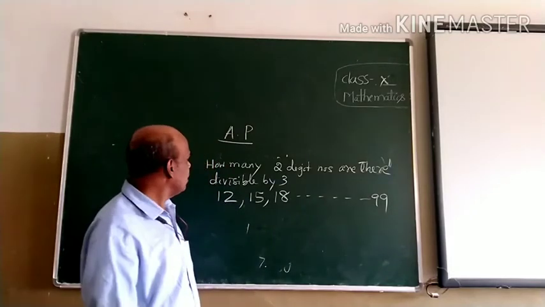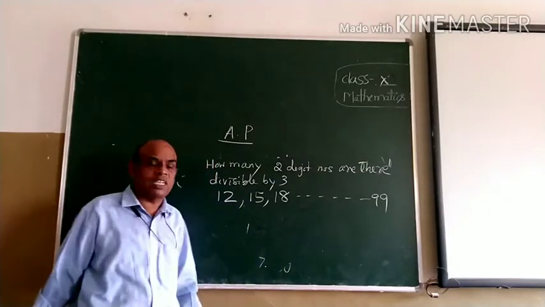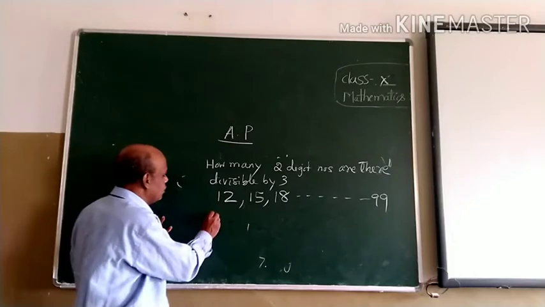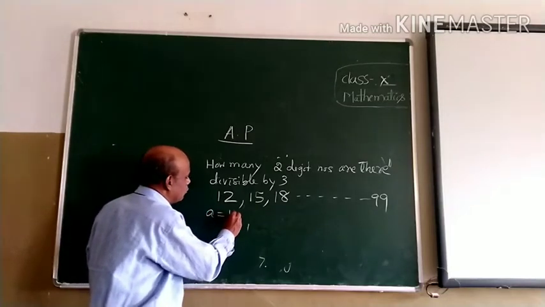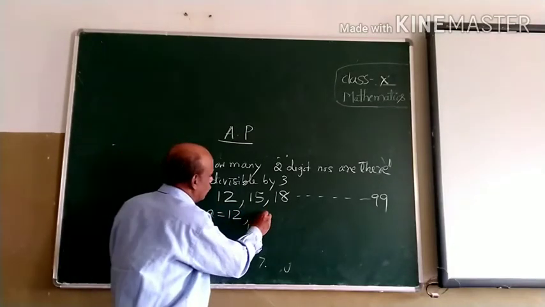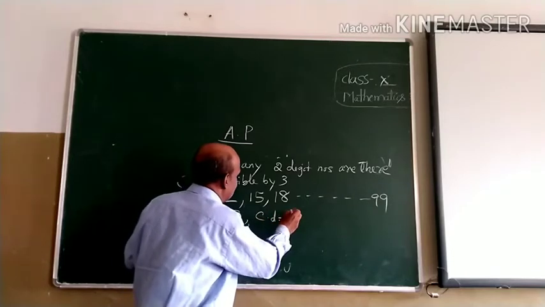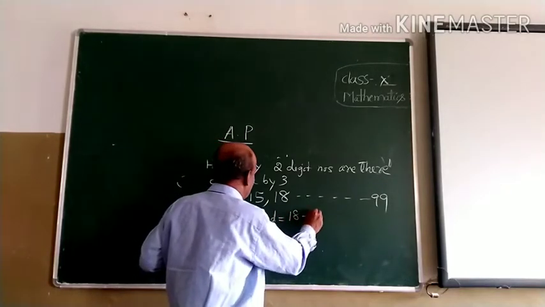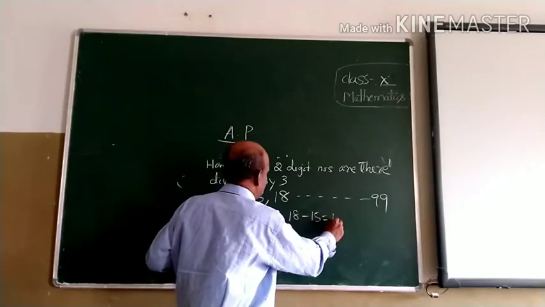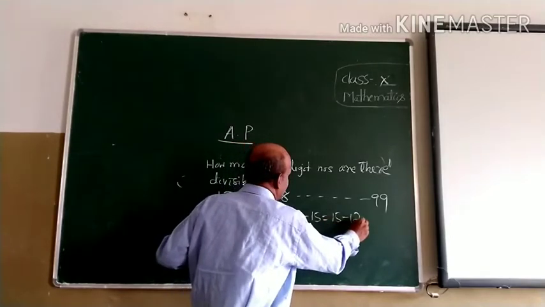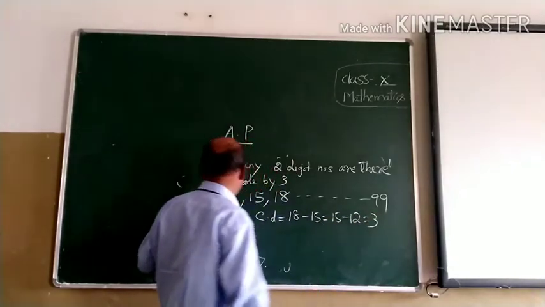So what is the question? The question is how many numbers are there. So we write here small a is 12, and what is the common difference? The common difference is 18 minus 15, otherwise 15 minus 12, and we got 3.